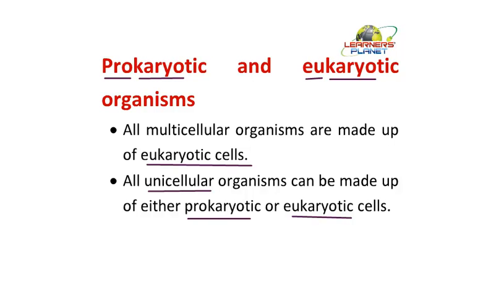If it is developed within the unicellular organism, an example is amoeba or paramecium, and so many examples are there. So in the beginning of the session, let us understand what these prokaryotic and eukaryotic organisms and cells mean, what their characteristics are, and where exactly they are found. As we have already said, all multicellular organisms are eukaryotic, but unicellular organisms can be either prokaryotic or eukaryotic.